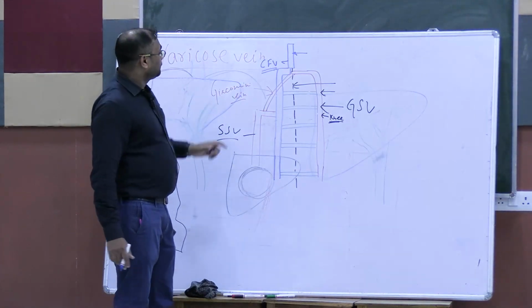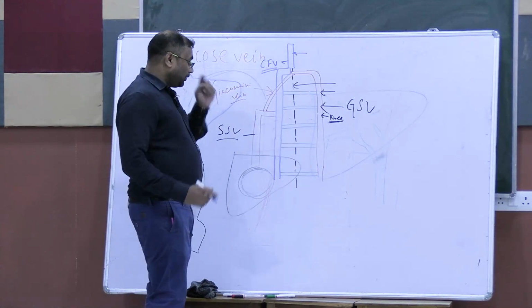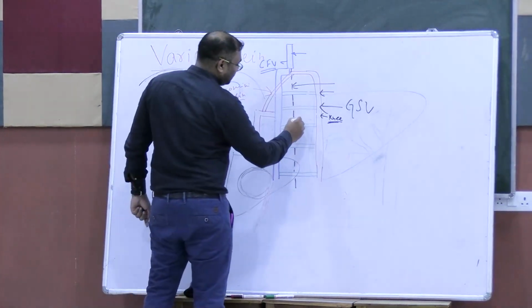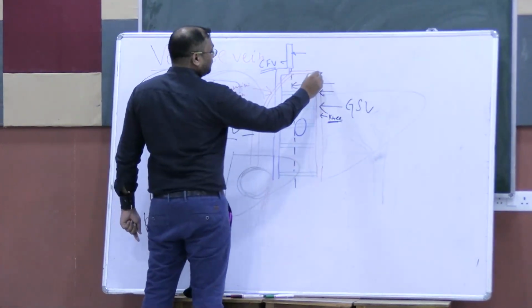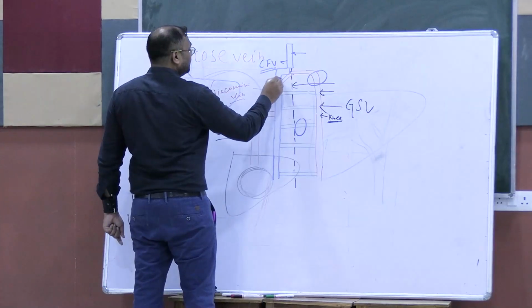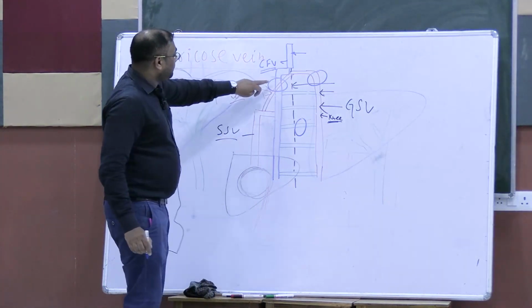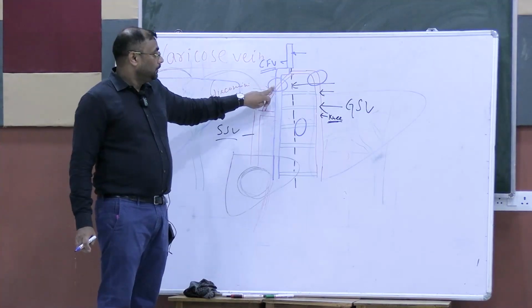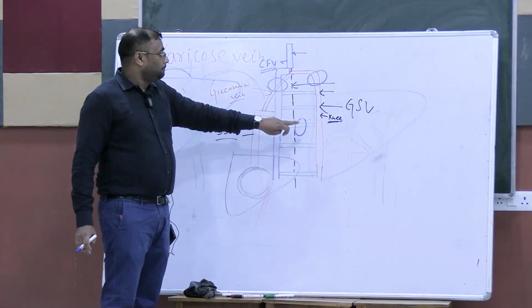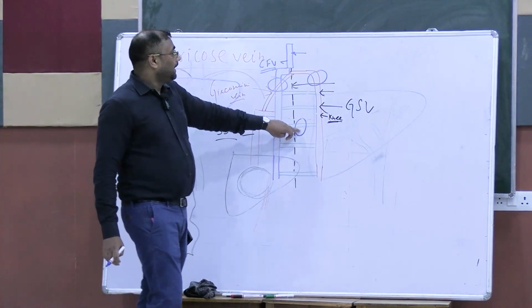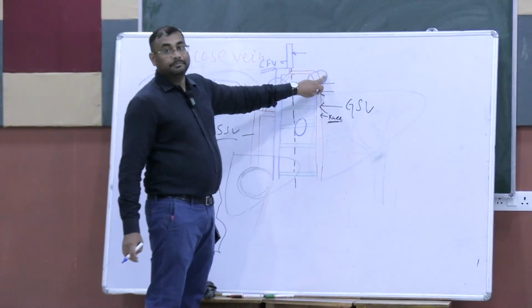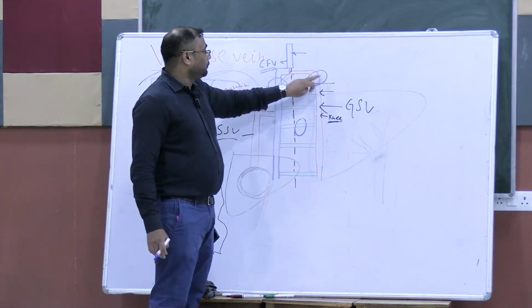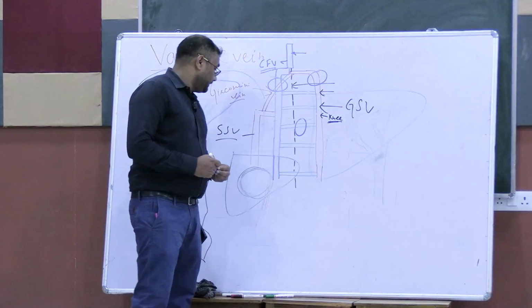Superficial vein, okay. So pathology can be in the perforator, can be in the superficial vein and can be in the deep vein. So deep venous pathology is known as DVT, deep venous thrombosis. This is perforator incompetence, and this is the superficial venous system. Mainly varicose vein affects the superficial venous system.